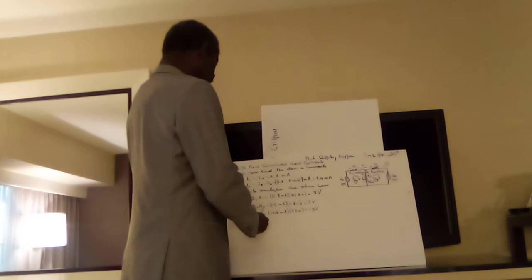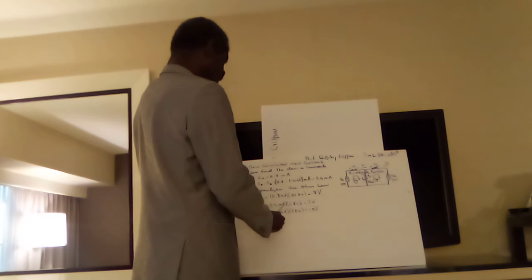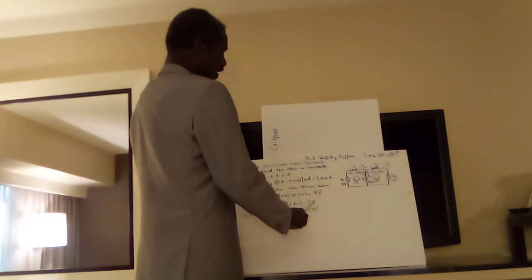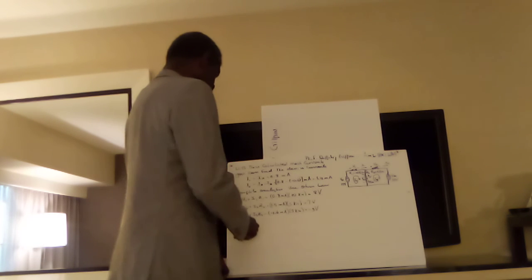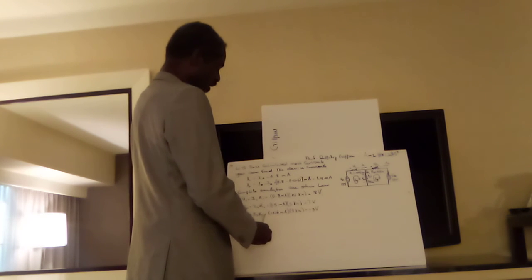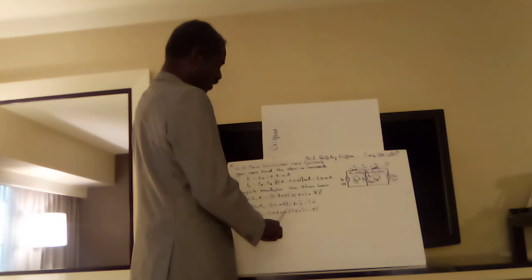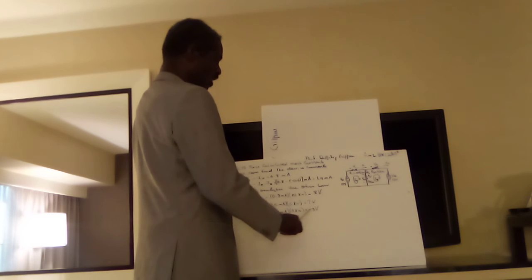V2 is equal to I2 R2 is equal to 1.4 milliamps times 5 kilo ohms, that's equal to 7 volts. And V3 is equal to I3 R3 is equal to minus 0.6 milliamps times 5 kilo ohms, that's equal to minus 3 volts.